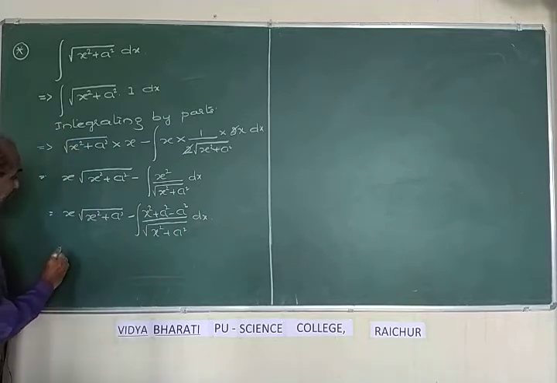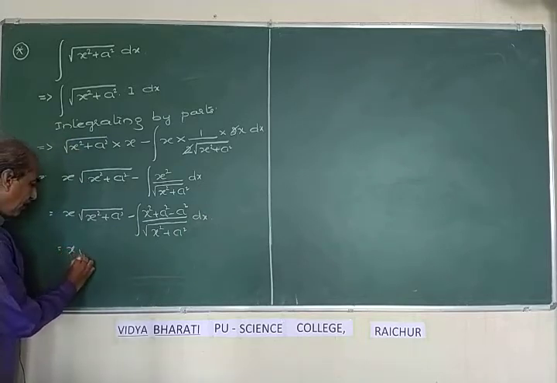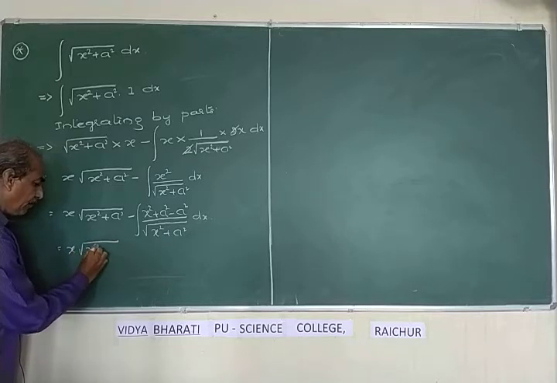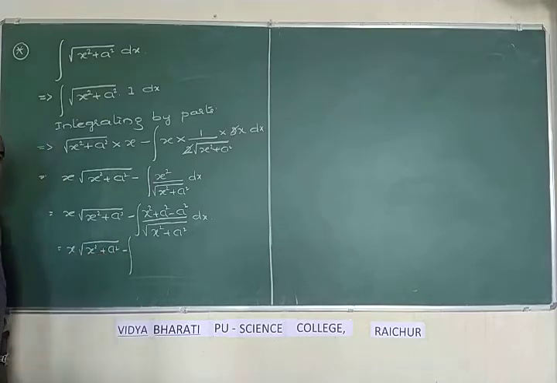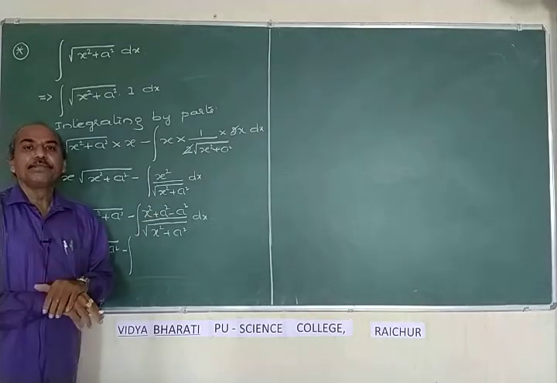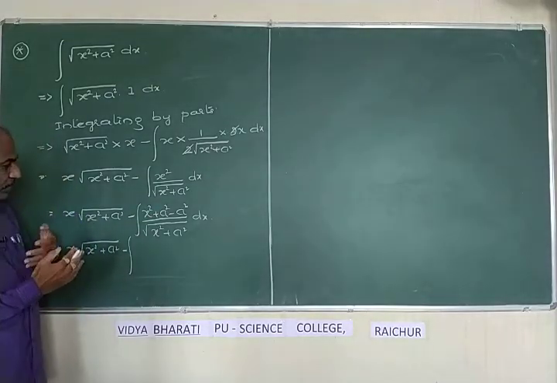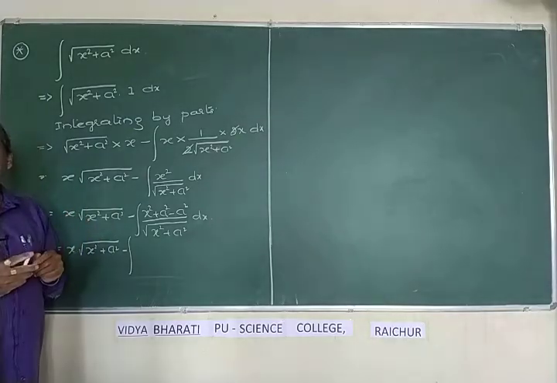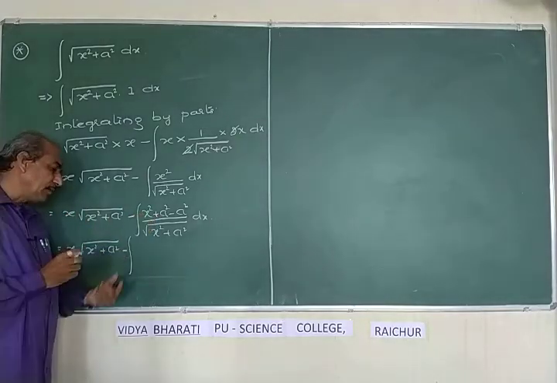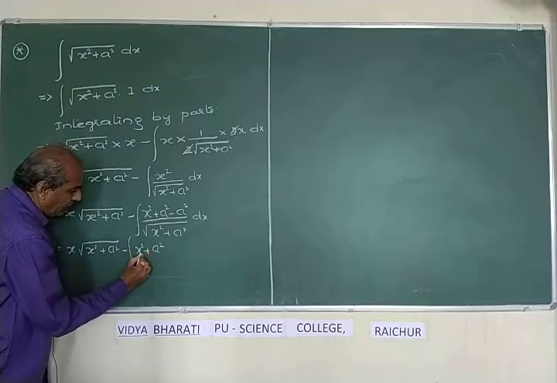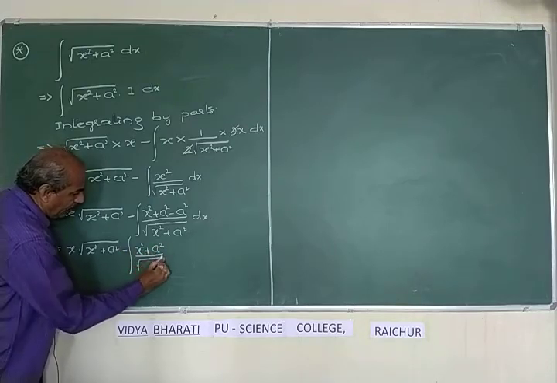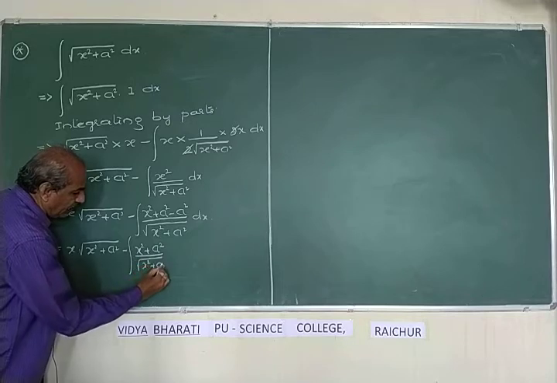Now, x into root of x square plus a square minus integral of, split it, in the sense you express that as the sum of two terms. How? These two together you take as one, that is x square plus a square by root of x square plus a square.